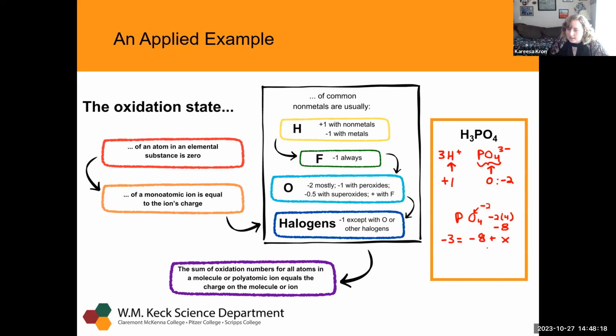And what this allows us to see is that in order to get a -3, our X, or our oxidation state for phosphorus, has to be +5. So then we can label the oxidation state of phosphorus as +5. So even though we didn't have a rule for how to label phosphorus, we're able to use the charges that we've been talking about in this course to calculate that oxidation state using what we know about oxygen's oxidation state.